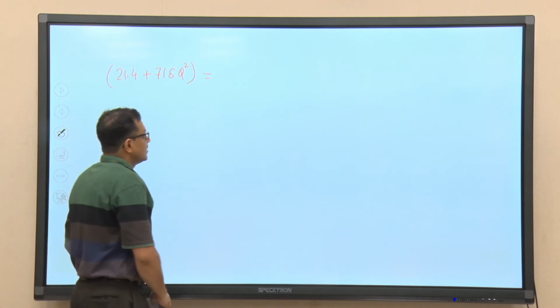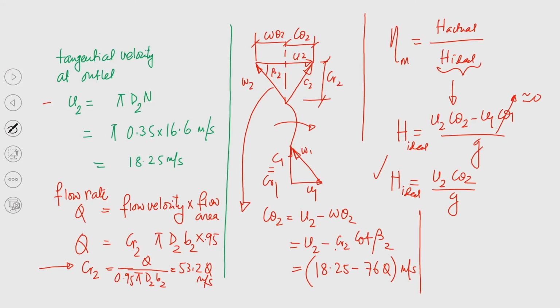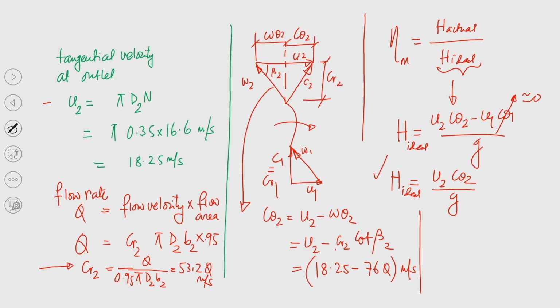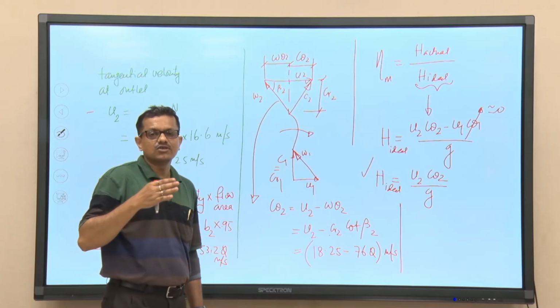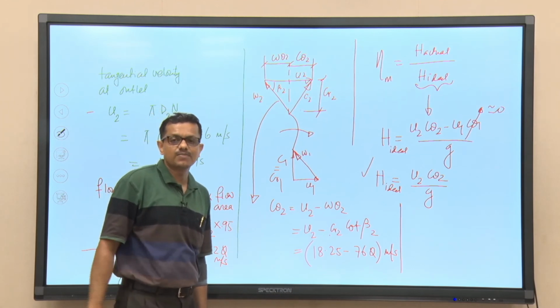If we go back to the velocity triangle at the outlet and look at it carefully, you can see that the absolute velocity of the fluid leaving the impeller has a finite value.